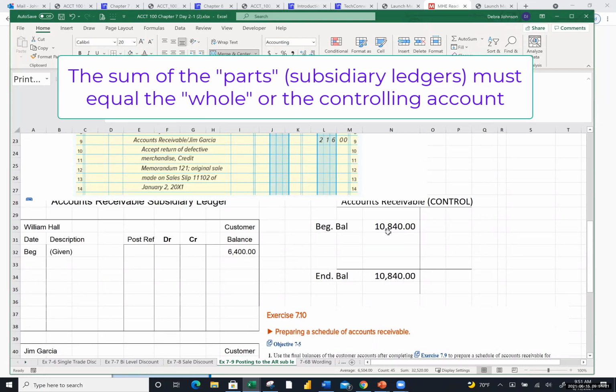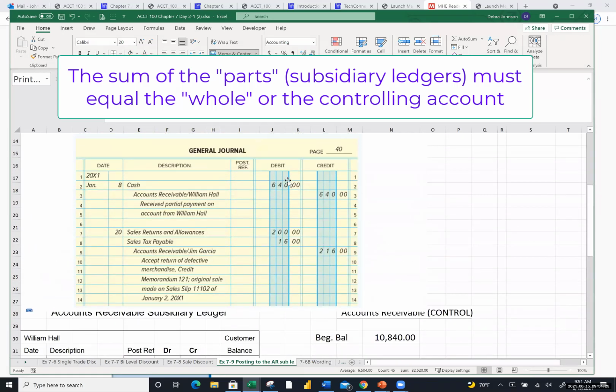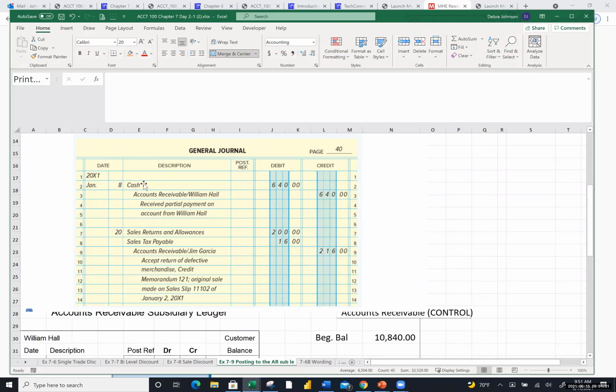What they want us to do, once you verify that, they want us to post 2 transactions that affected accounts receivable. And it looks like there was a partial payment here when I look at the description. And then it looks like there was a credit memo for a return made. Our goal is to post these to the 2 places.